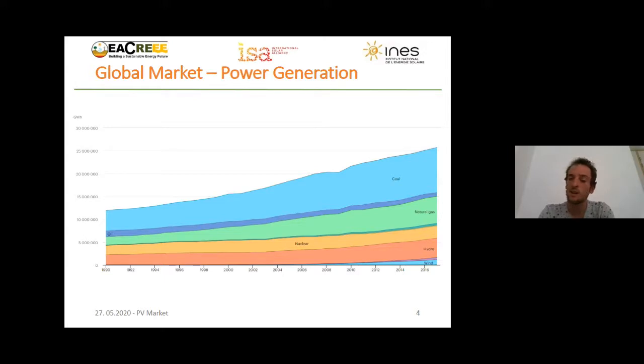On power generation, this is the global mix at a global scale, but of course it depends heavily on the mix in each country. Some countries have a lot of hydropower potential, so they have a very low carbon mix.